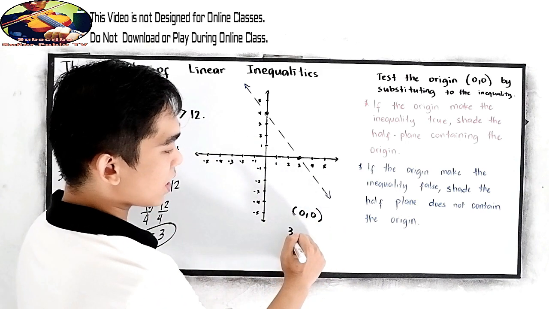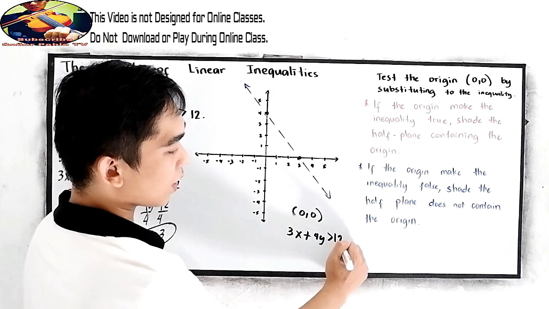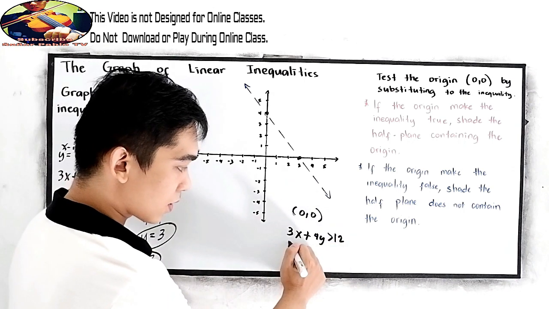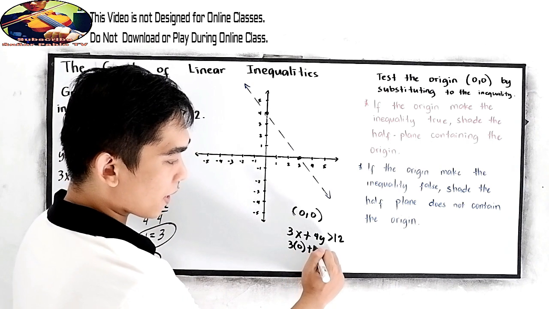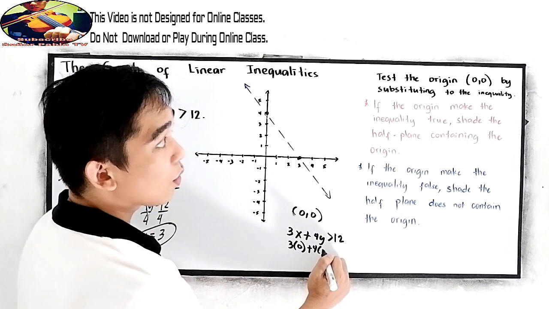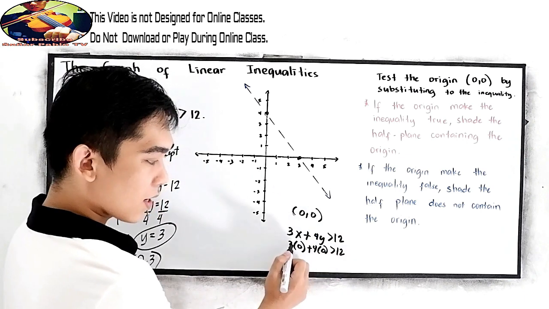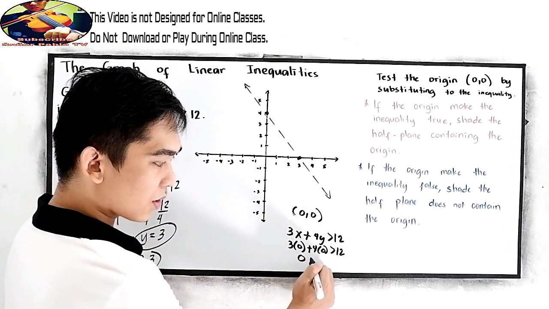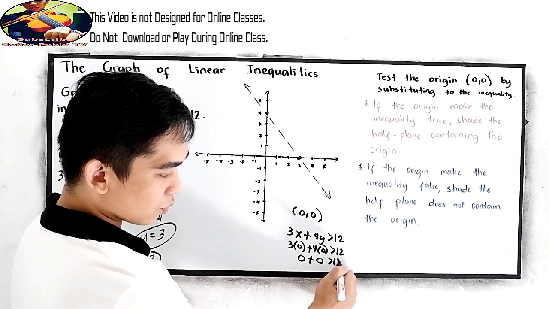So 3x plus 4y greater than 12. So 3 times 0 plus 4 times 0 greater than 12. 3 times 0 is 0 plus 4 times 0 is also 0, greater than 12.